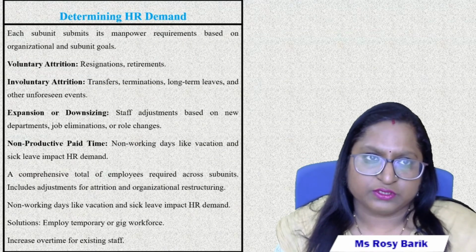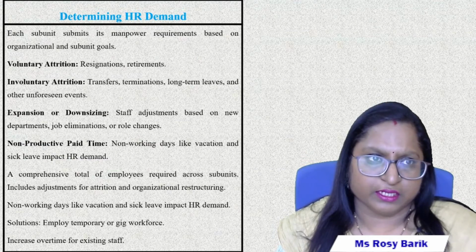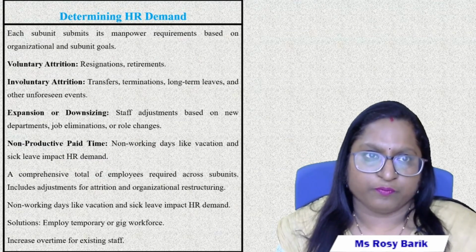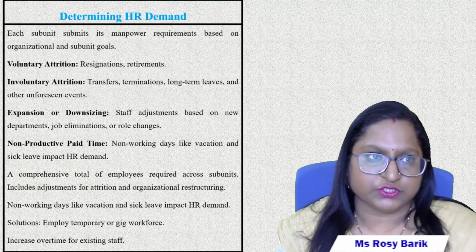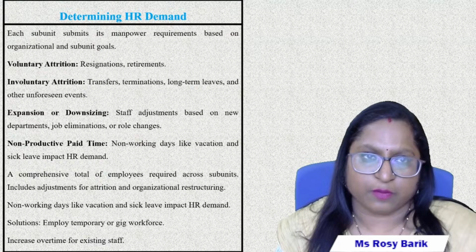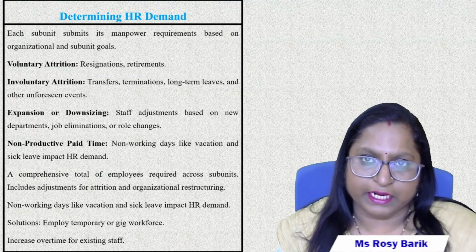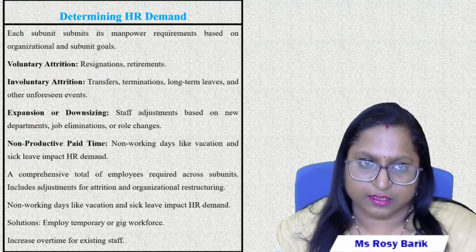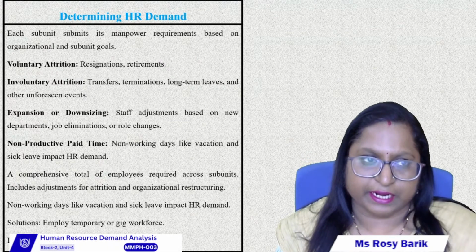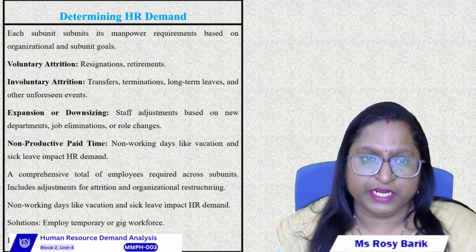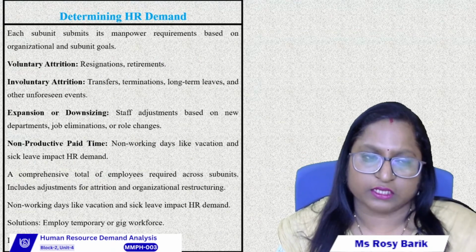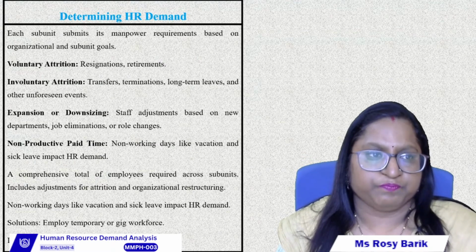So, determining HR demand: each subunit of HR demand submits its manpower requirements based on the organizational and subunit's goal. Voluntary attrition, we can say it is resignation or retirements. Involuntary attrition, that is transfer, termination, long-term leaves, and other forcing events.